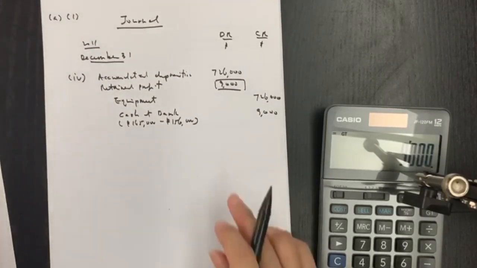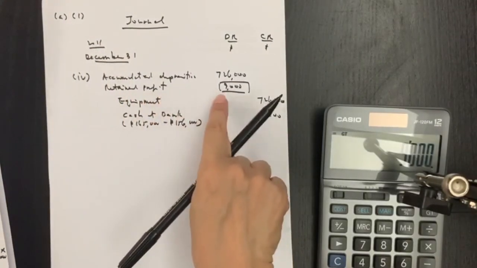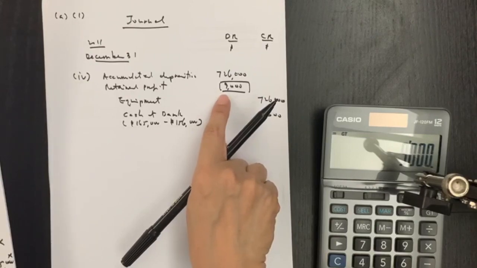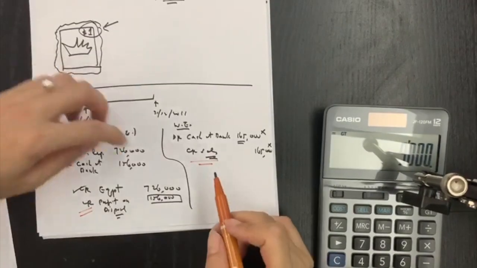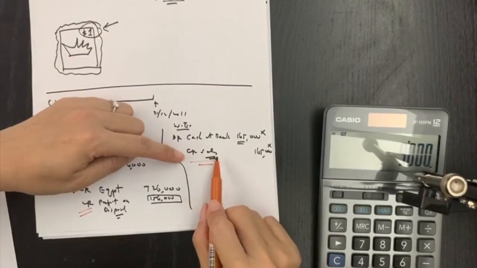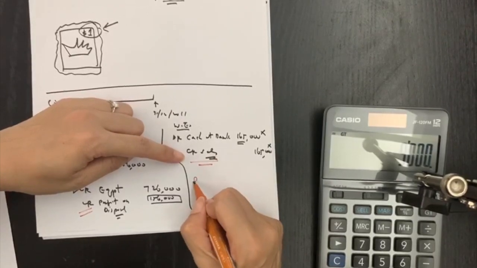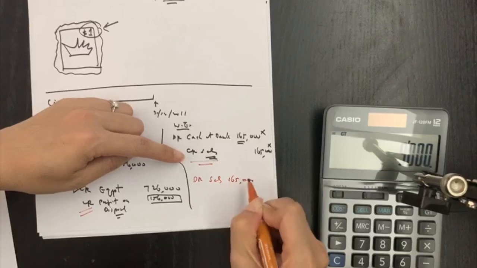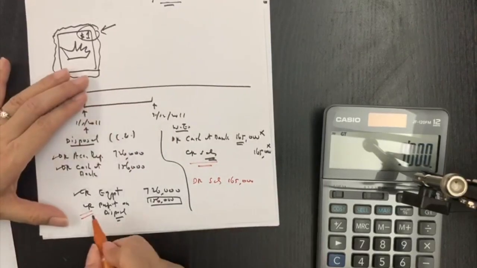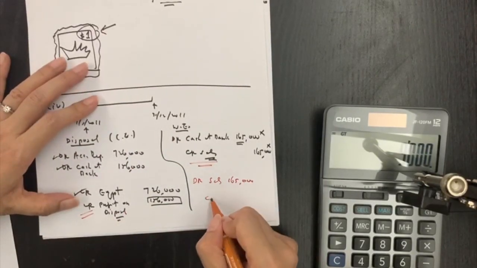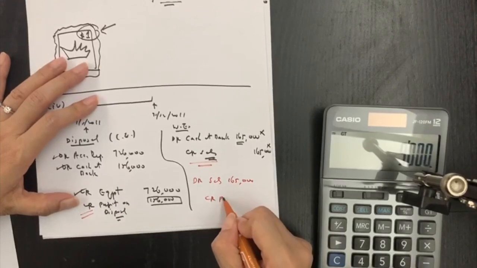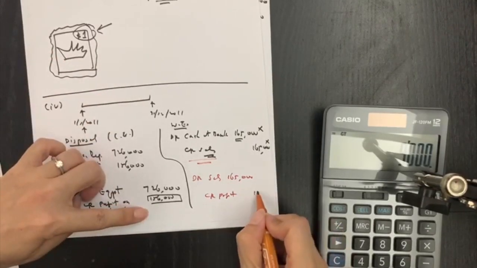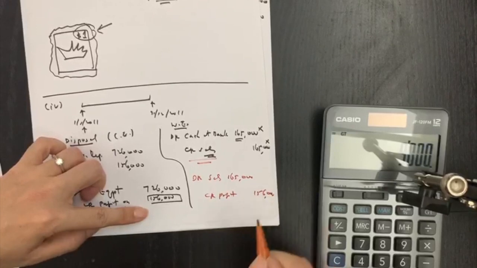Okay, let's double check. So this is debit retained profit, the key answer, the final answer by 9,000. Okay, now what we need to do for this sales, we need to cancel. So therefore we need to debit sales by 165. This is what we need to cancel. And then for this profit on disposal, omitted, so we need to credit this profit by 156. Is that right?